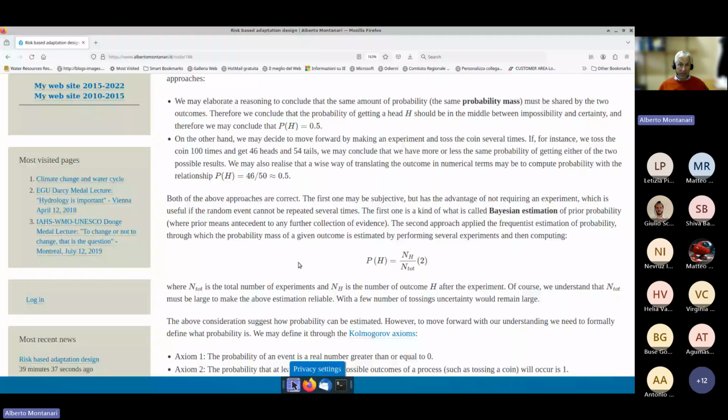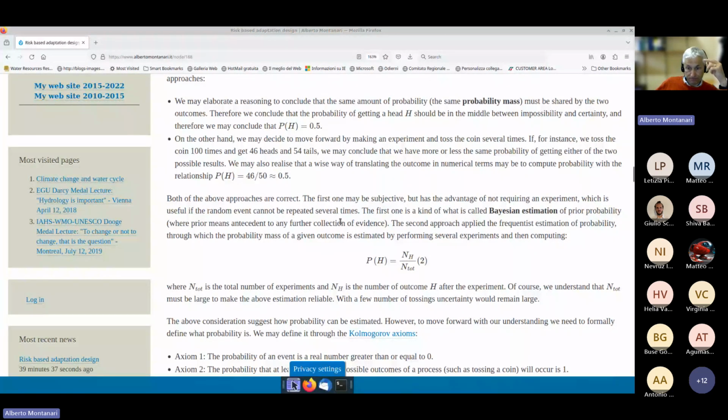And then we have the Bayesian estimation, which is not based on an experiment, not on an estimate of frequency. It's an estimation that is based on our knowledge. So we use our knowledge to get an estimate of probability.